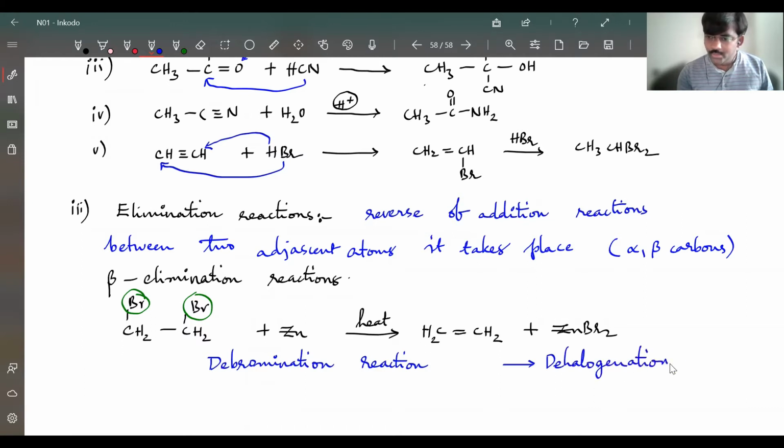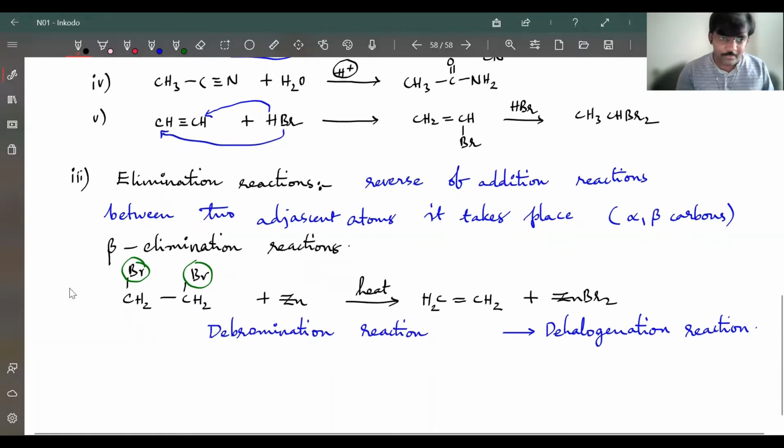This kind of reaction, where we remove a halogen molecule, Br2 here, is called dehalogenation, or debromination. Similarly, you can remove HBr or HX. That is one example, where we removed bromine, so debromination is said. I'll give you one more example. Suppose I have a compound like ethyl bromide.